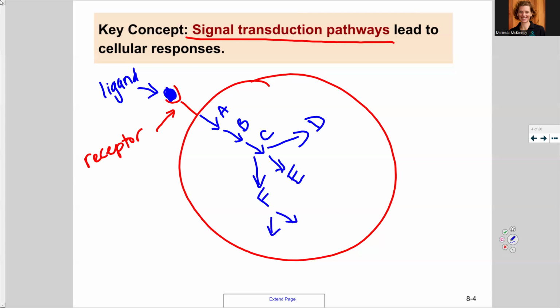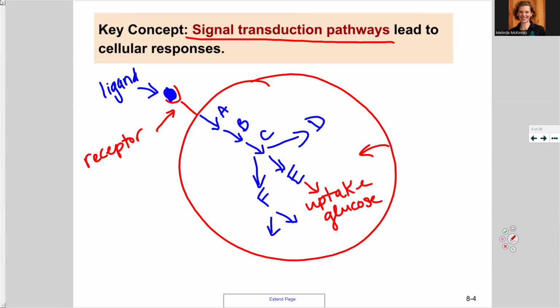That pathway eventually is going to lead to some sort of response. If it was insulin, it's going to result in the signal to uptake glucose, so that would activate something that's going to import glucose into the cell.